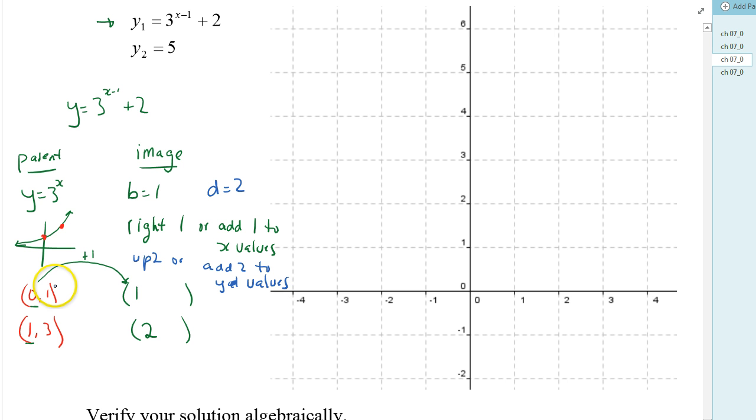So this 1 is the x, this is the y value, I will have to add 2 to that, and I will get a 3. And I'll have to add 2 to this 3, and I'll get a 5.